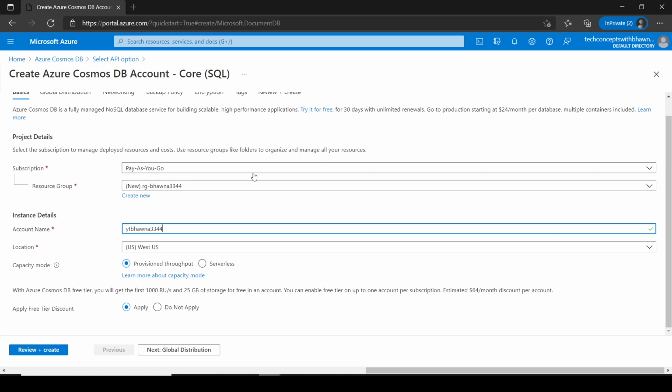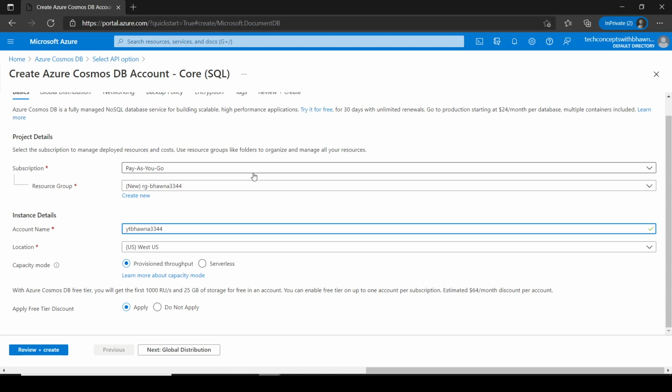Now here are the key concepts involved. When I talk about capacity mode, we have provisioned throughput and serverless. What does it essentially mean? Whenever you're working with Cosmos DB, you are actually being charged for two things. One is the storage and second is the processing that you use. And processing is defined in terms of RUs.